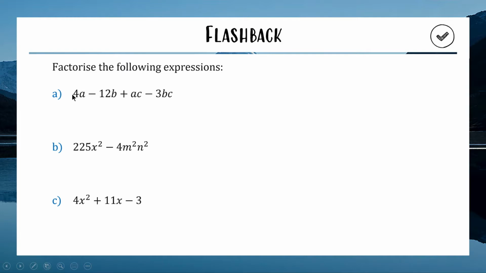So in the front, we have a common factor of 4, and in the back two, we have a common factor of c. So if we factor those out, in both brackets, we end up with a take away 3b, which is great news because now we can factor the a take away 3b out the front of the expression and leaves us with a minus 3b out the front of 4 plus c. So that in red is our final answer, fully factorized.